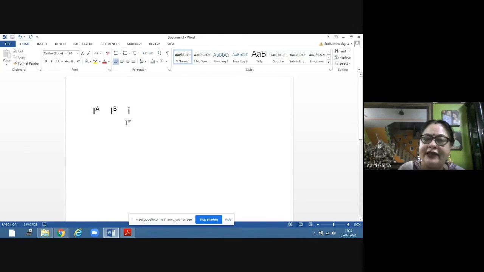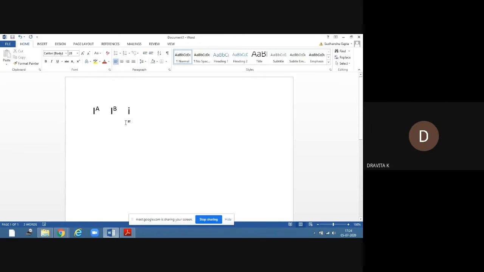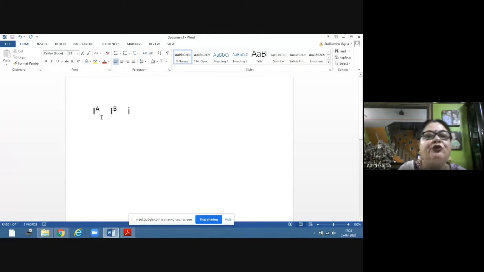Yes, anyone? Very good. Why? Because A is capital, A is dominant and small i is recessive. So only A will express itself. Okay. If it is IA and IB, what would be the blood group?